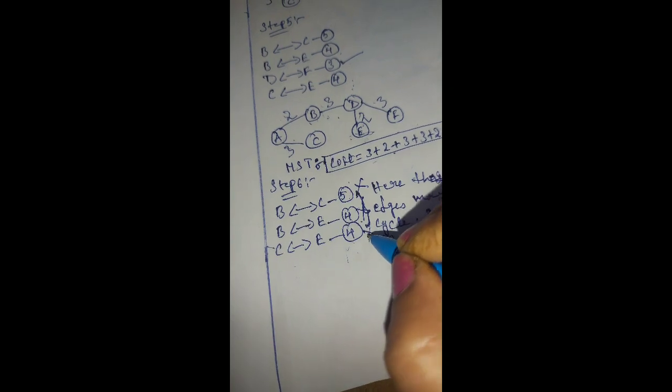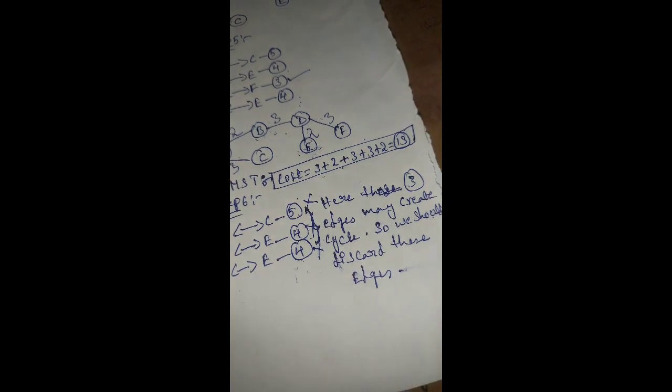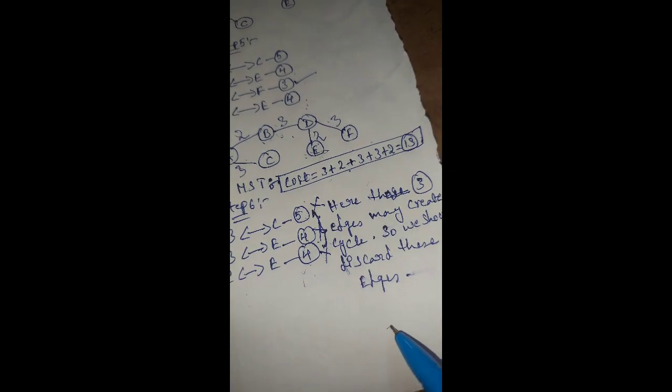And C to E. If we create a link here, it is creating a cycle. So that's why we have to discard this one. So here these three edges would create a cycle. So we should discard these edges.